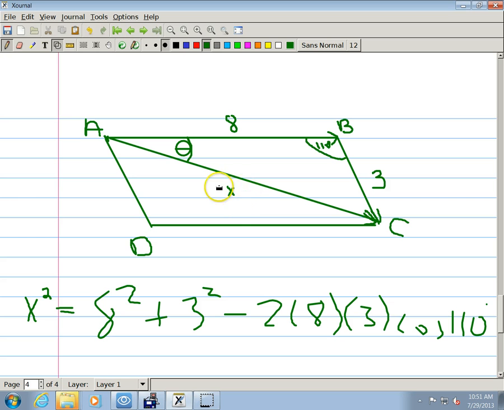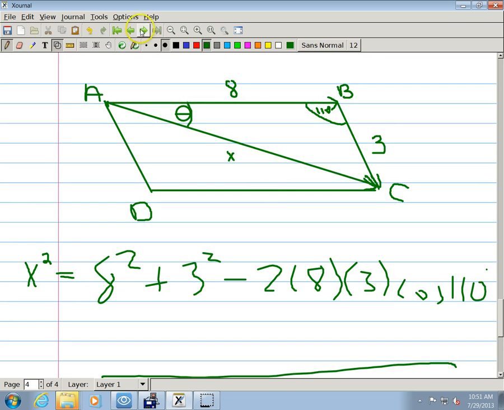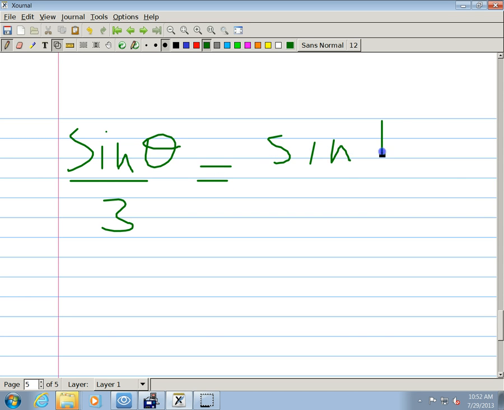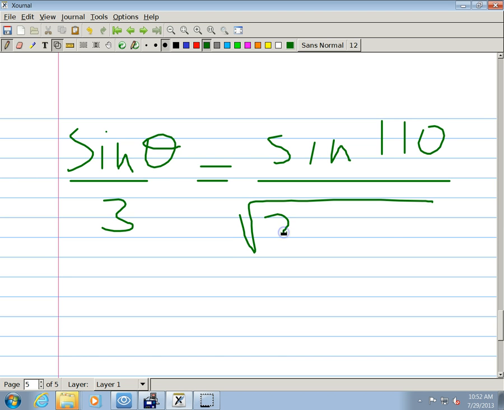And again, don't use the rounded off value, use the exact value. When you round off for the theta, it's not too bad. So let's write that down. The sine of theta is to 3 as the sine of 110 degrees is to the square root of 73 minus 48 cosine 110.